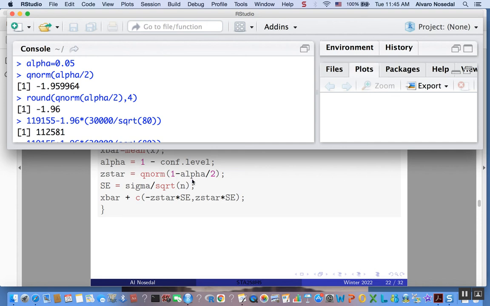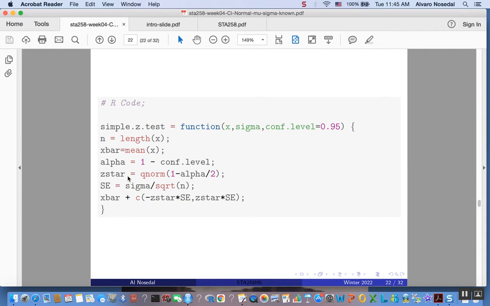If you do 1 minus alpha divided by 2, you get the positive version of that C star, of that quantile. Okay? Now we know that the standard error, the standard deviation of x bar, is sigma divided by the square root of n, and then it's just our formula, x bar plus minus C star times the standard error.